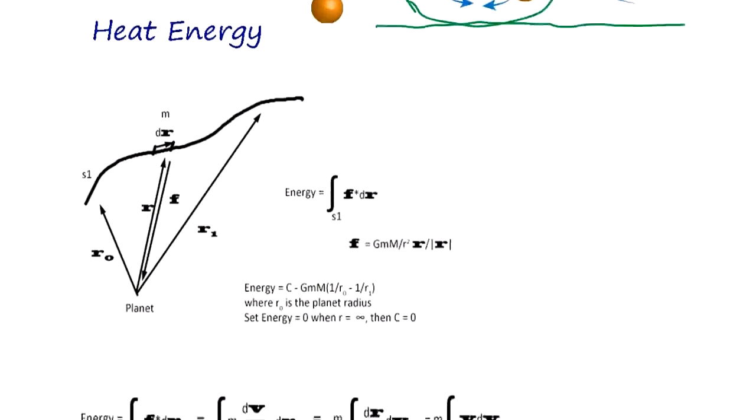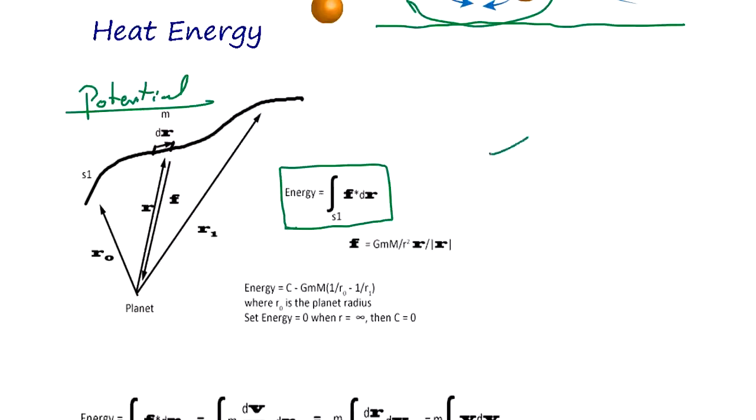Now, potential energy. How we calculate potential energy is a simple equation, F dot dr. Suppose you move this way and the gravity force is this way, right?